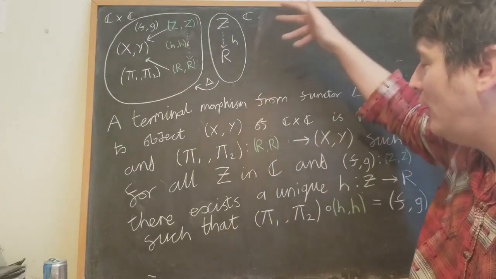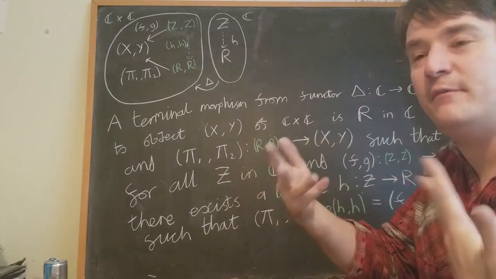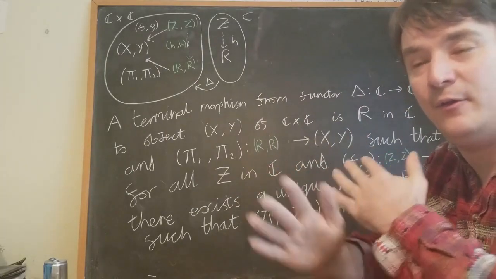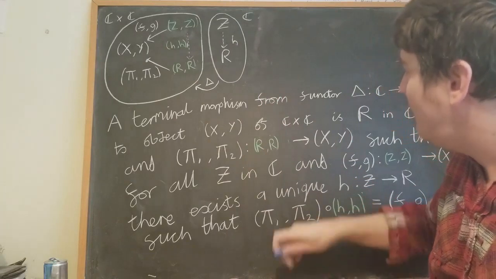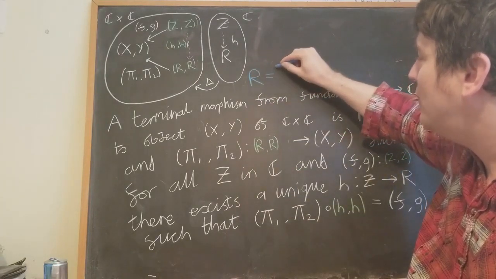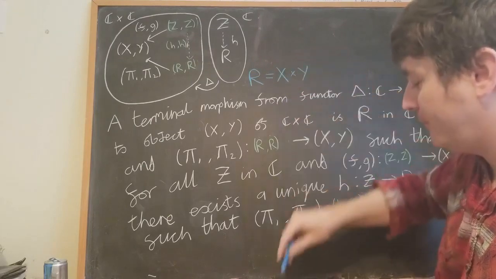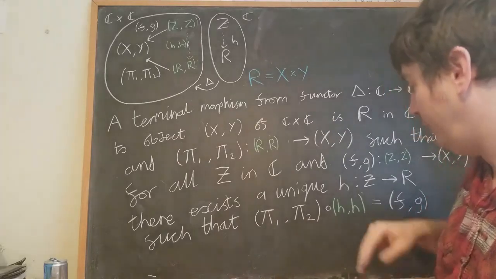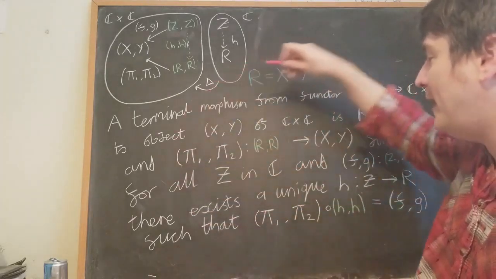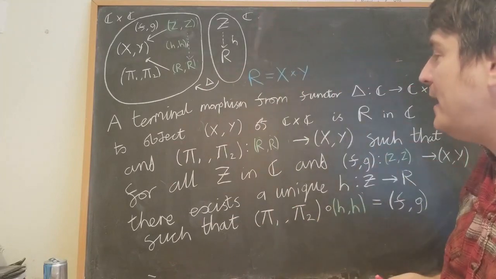And now I want to argue that this is the familiar definition of a categorical product of x and y, okay? So basically what I'm trying to say is that R is going to end up being the categorical product of x and y. But how are we going to see this? Well, let's just read this definition and see what it means in terms of this category C, okay?